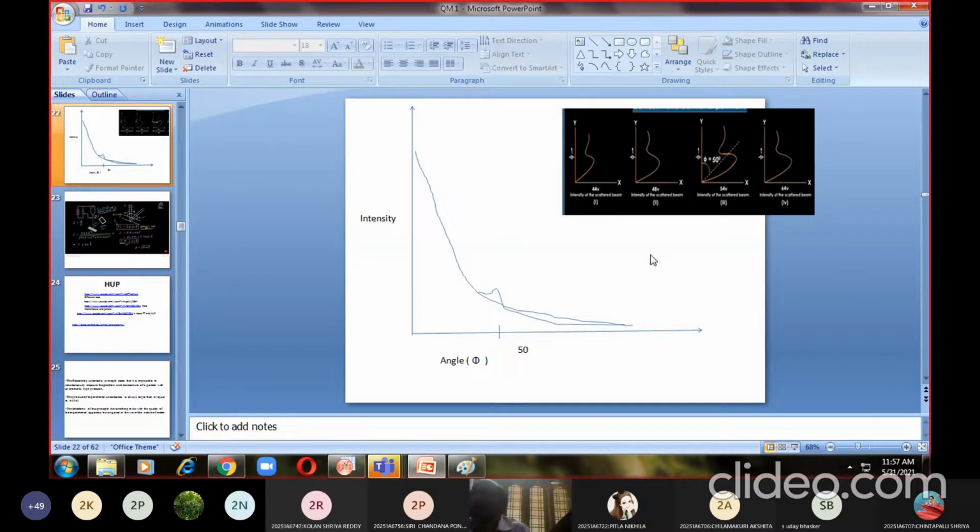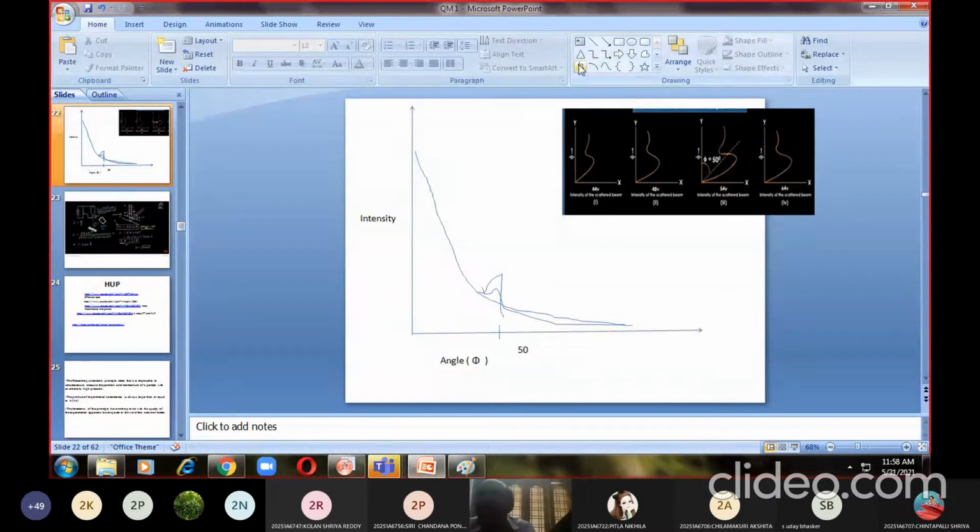Then what did I do? I started increasing the potential from 44 to, let me say, 48, and I found that the bump was a little bit more prominent at the same angle.